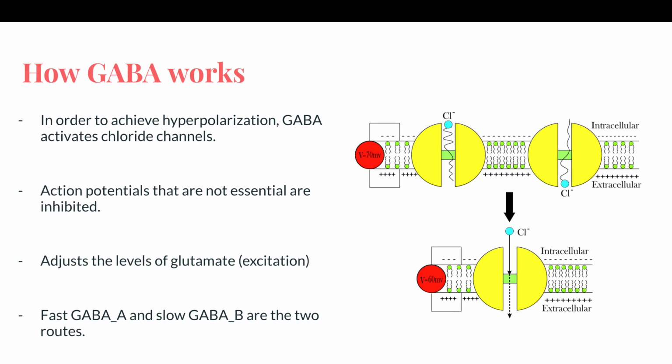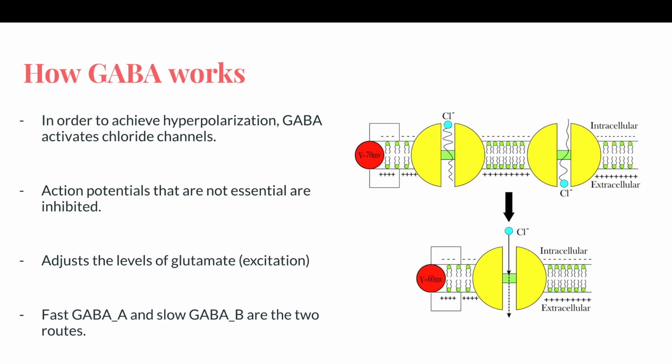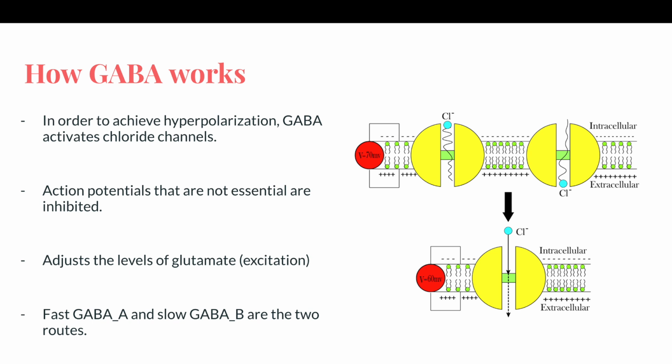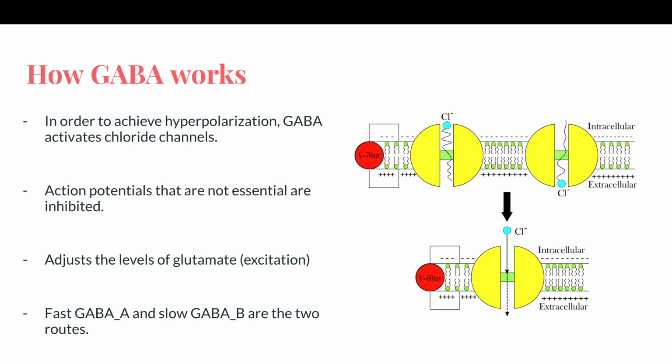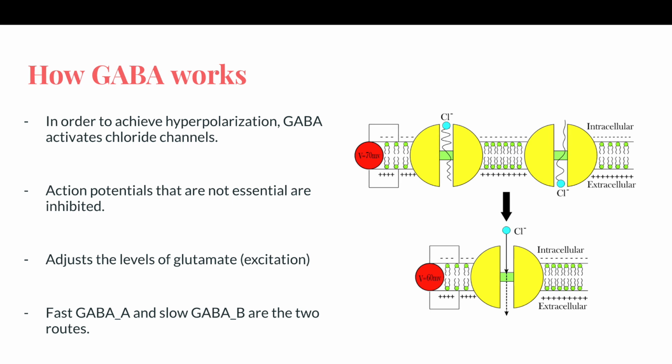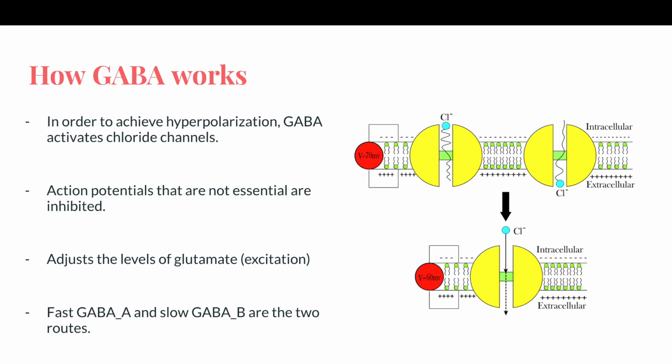Chloride flows into the neuron, and it makes the inside more negative, and that is the quote-unquote do not disturb mode that I mentioned. By polarizing the cell, GABA shuts down unnecessary action potentials and keeps glutamate, which is the overstimulated team member, from taking over. And the two pathways listed here, GABA A fast and GABA B slow, are just the two speeds of GABA that the brain uses to keep calm and organized.